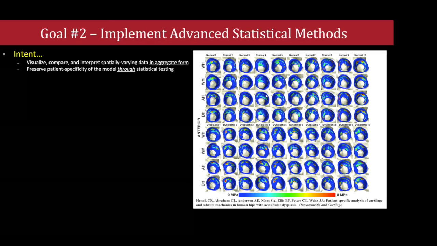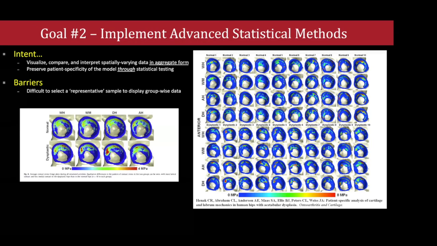So the question is, okay, how do we actually represent these data in aggregate form and make sense of these? What we've done historically is try to select a representative sample to display group-wise data. So we want to show what's the average dysplasia, what's the average control contact stress result.